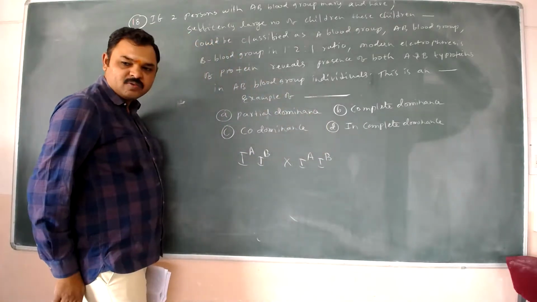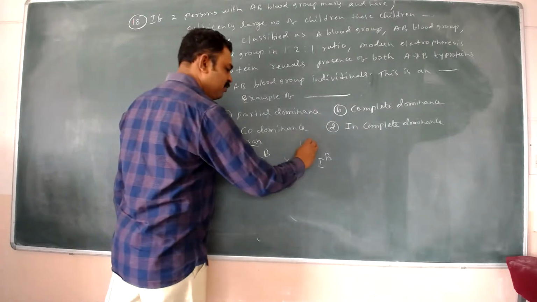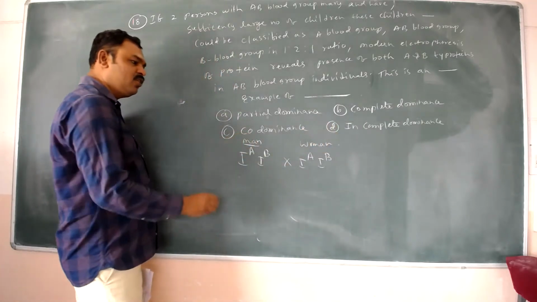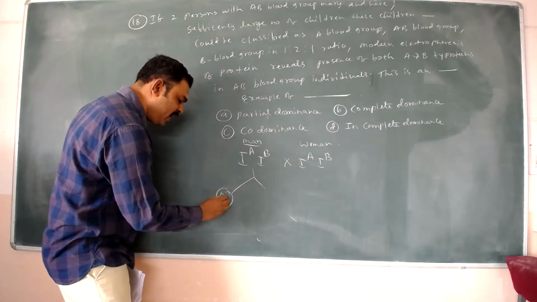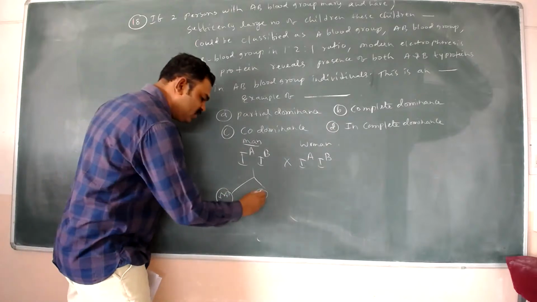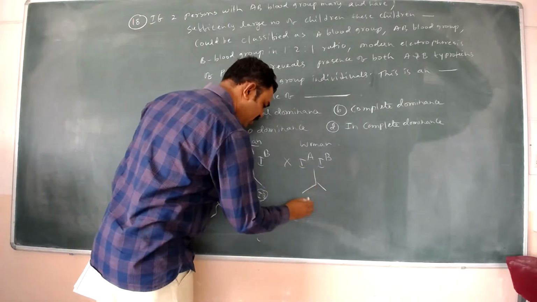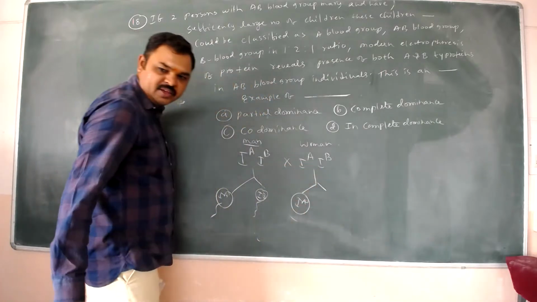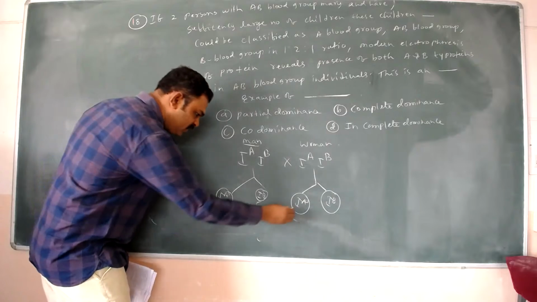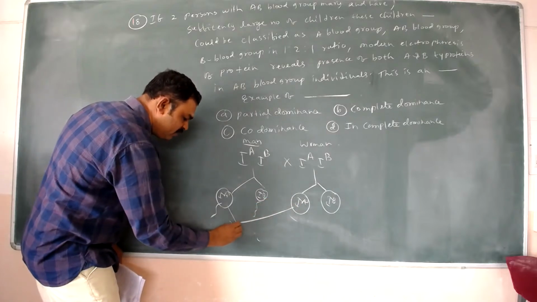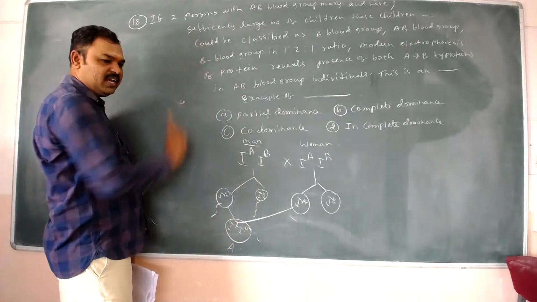From man, what will come? 50% IA, 50% IB. The same from woman. Now suppose A with A, what will come? IA IA. These are A blood group children.